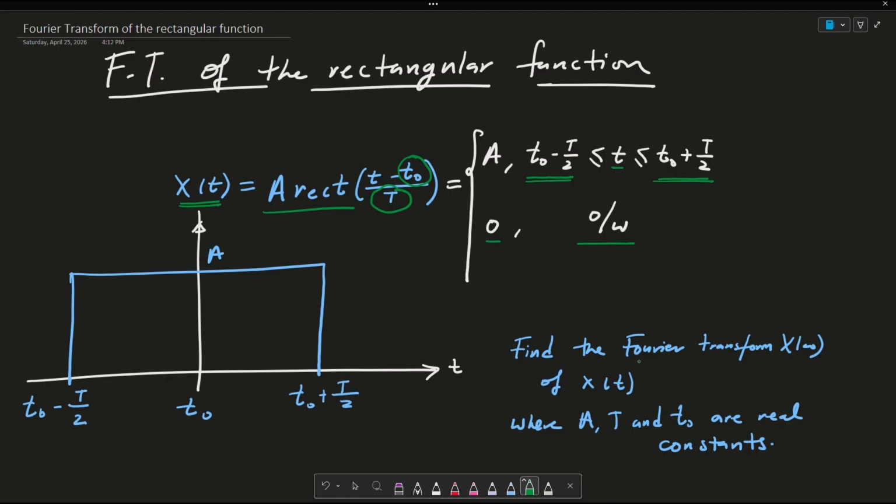Again, we're tasked with finding the Fourier transform X of omega, where A, T, and t naught are real constants.